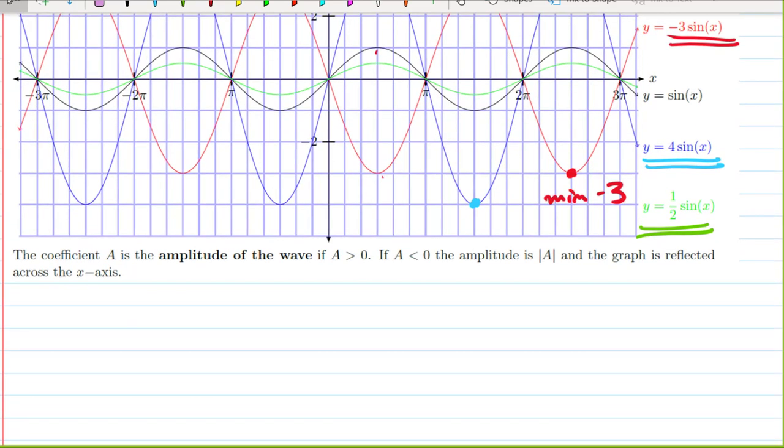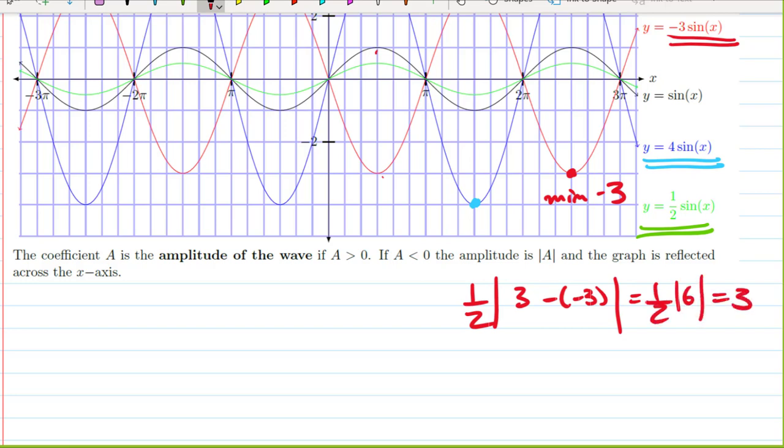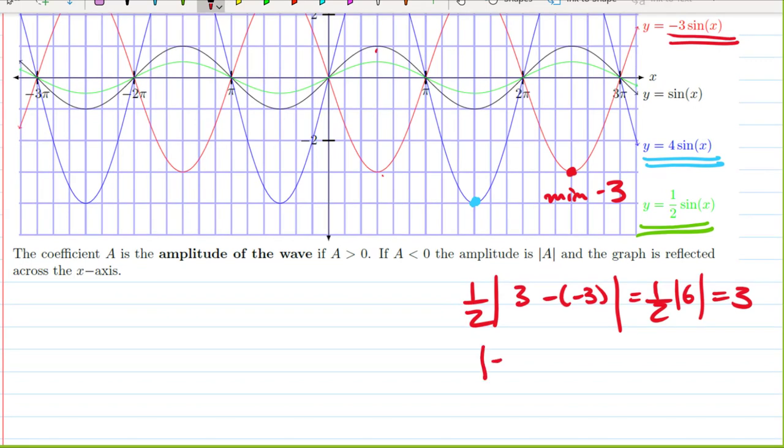And the amplitude, remember, was 1/2 y max minus y min, which is 1/2 times the absolute value of 6, which is indeed 3, which is the same as the absolute value of negative 3 is equal to 3. So the coefficient in front of the trigonometric function tells us its amplitude. Well, the absolute value of it does. If it's negative, we take the absolute value to get the amplitude, but then we know the graph has been reflected across the x-axis.